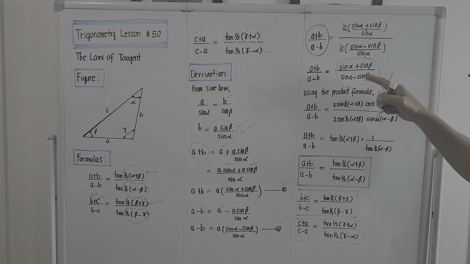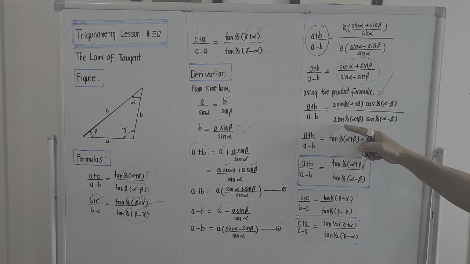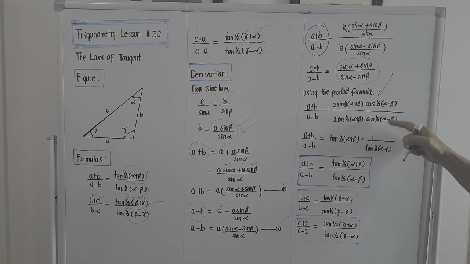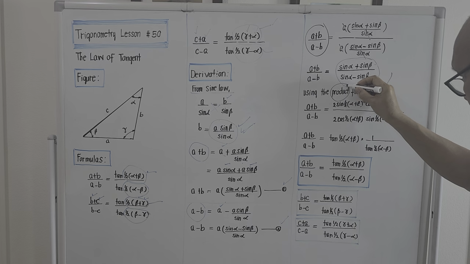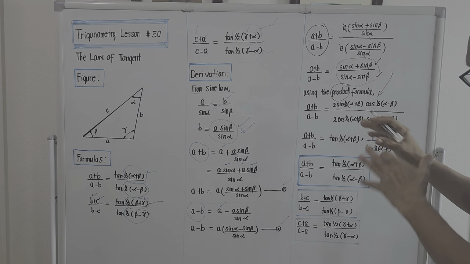And the difference sine of alpha minus sine of beta is actually the total denominator, that is twice cosine of 1/2 of alpha plus beta times, the operation is multiplication, the quantity 1/2 of the quantity alpha minus beta. That's why it is a product formula. Meaning to say, this sum and difference will be expressed as a product.